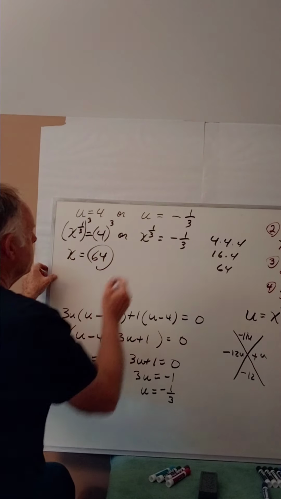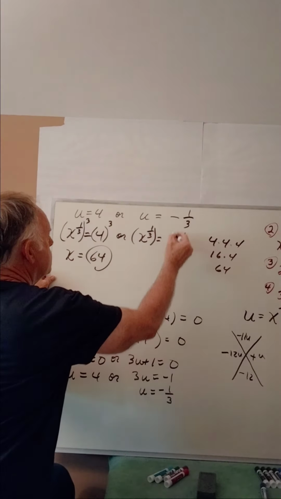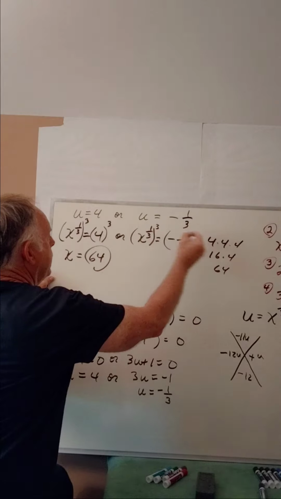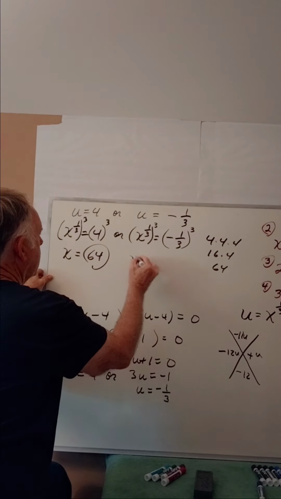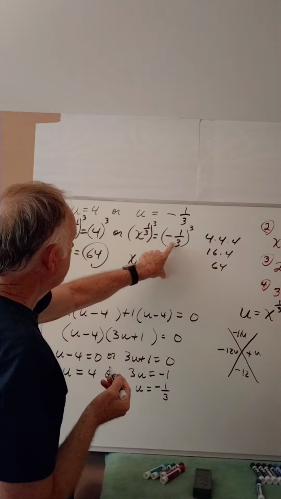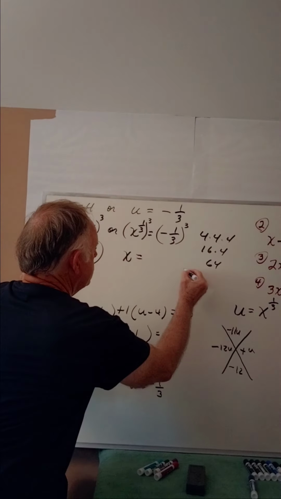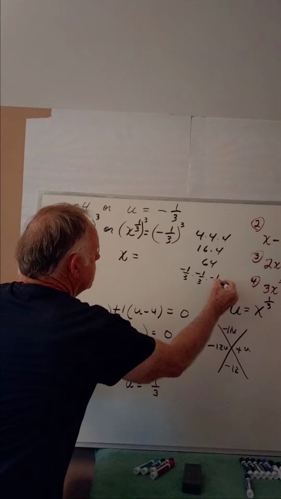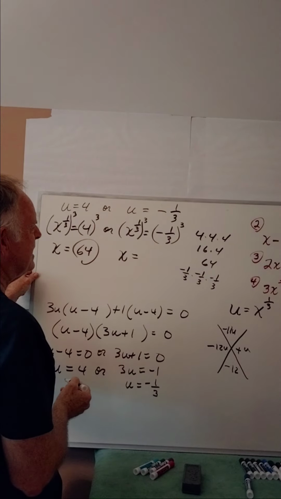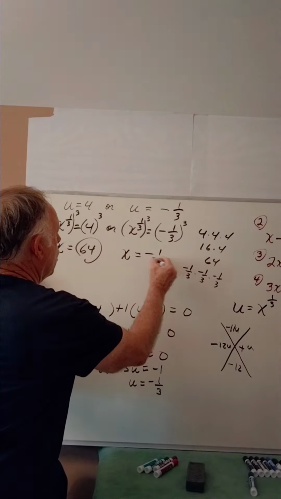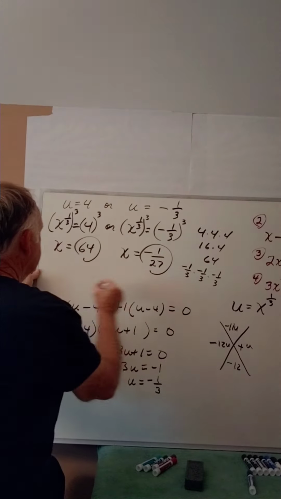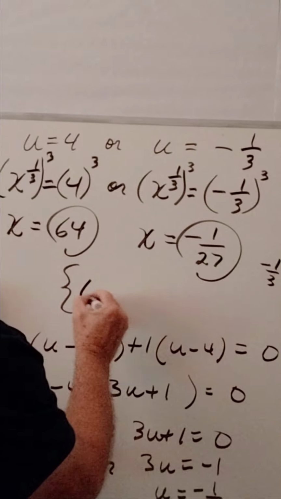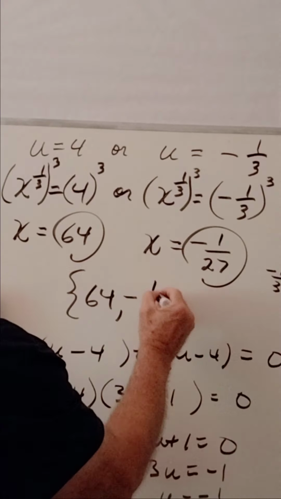It's good. Over here, raise both sides by the power of 3. And we'll get x is equal to -1/3 to the third, -1/3, -1/3, -1/3, -1/27. And if you want the roster notation, something like this.